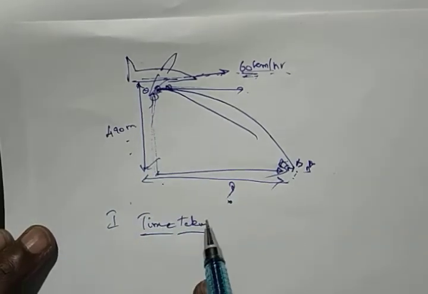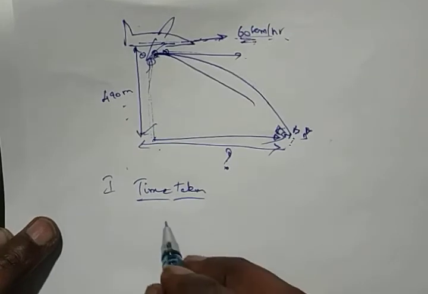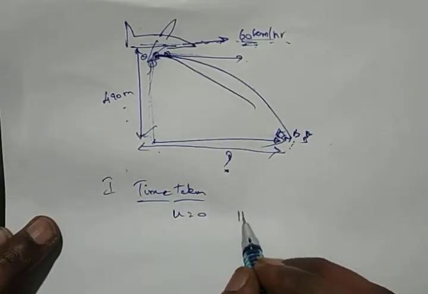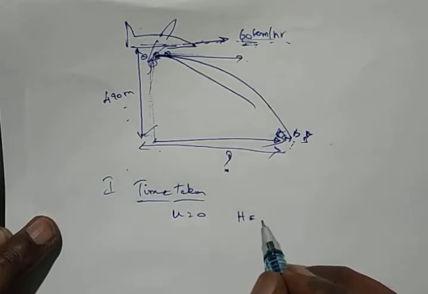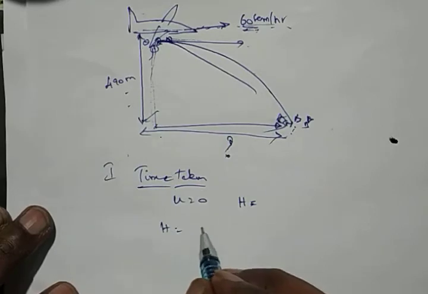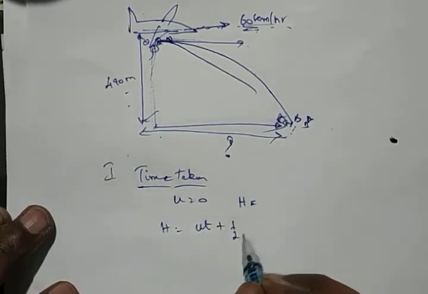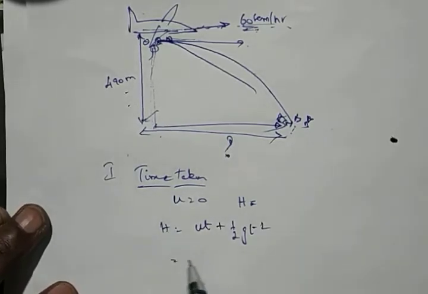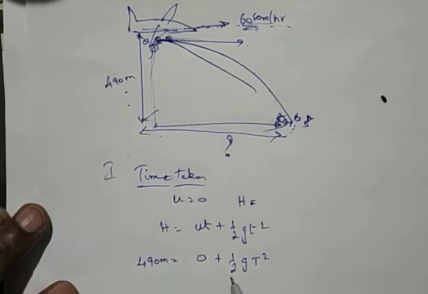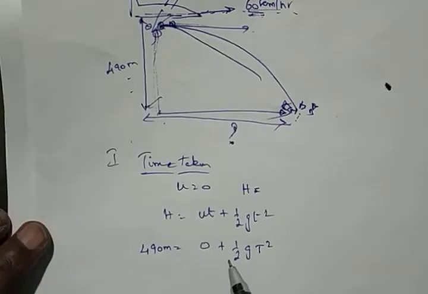So you have initial velocity 0 and the height is given here. h is equal to ut plus half gt square, which is 0 plus half gt square. The height is 490 meters and g is 9.8.